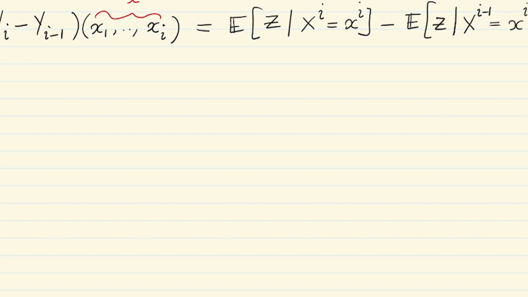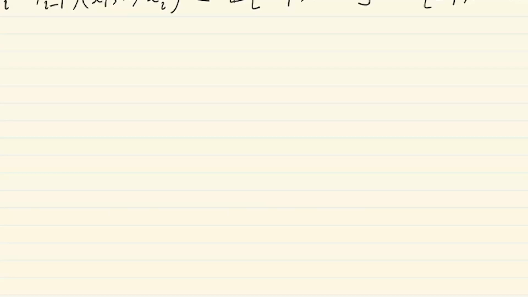So let's write this out in some detail. I'm going to write each one of these terms using the basic conditional expectation formula. So the first term is what happens when we compute the conditional expectation of Z by fixing the values of the first i random variables. Okay, so let's assume that all these random variables have densities. The calculation is the same in a more general case, but this just illustrates the structure of the problem.